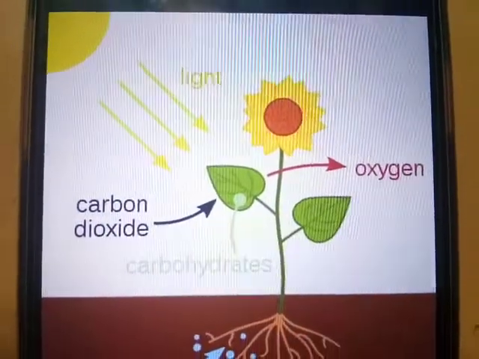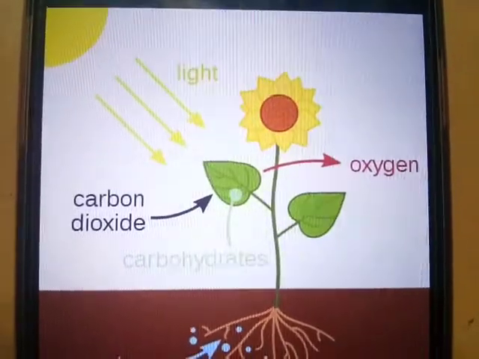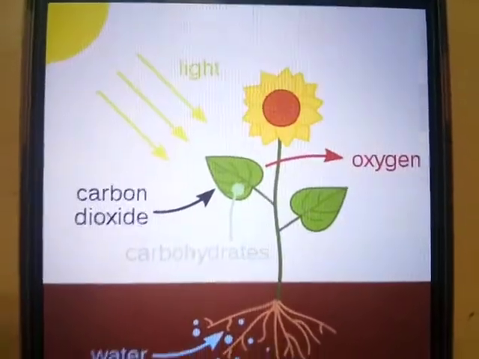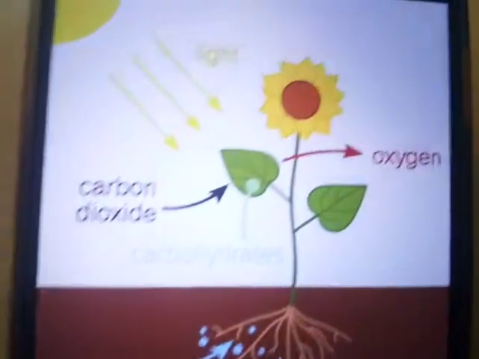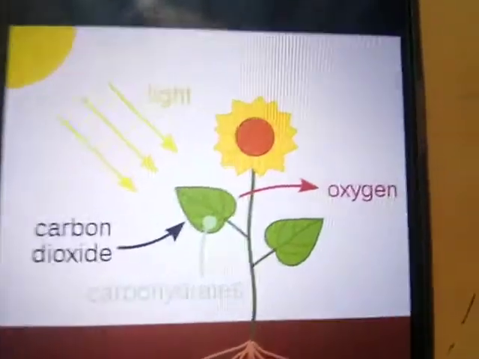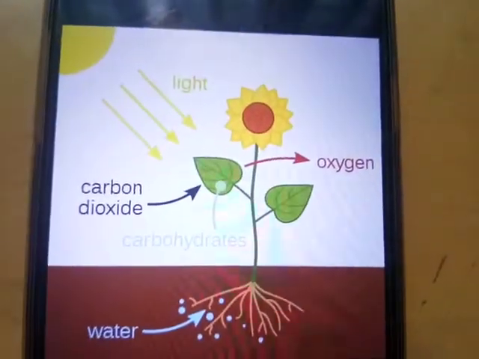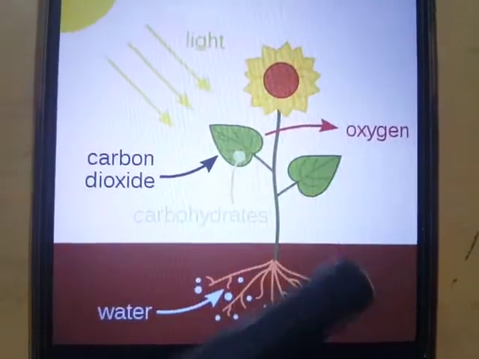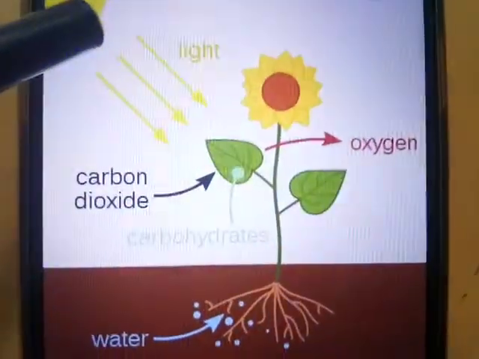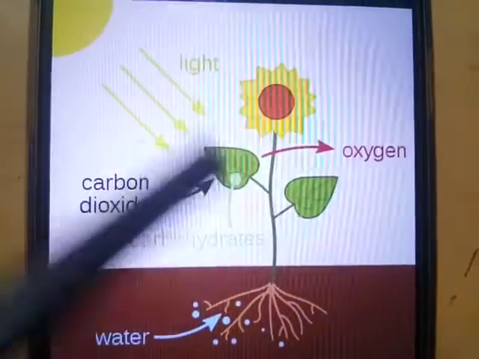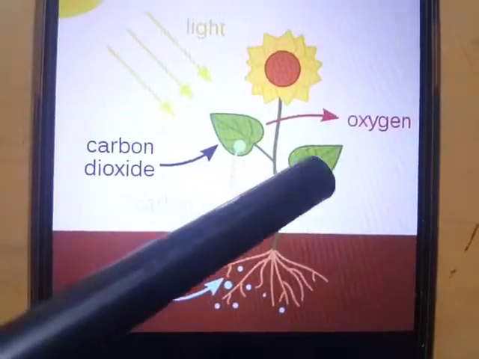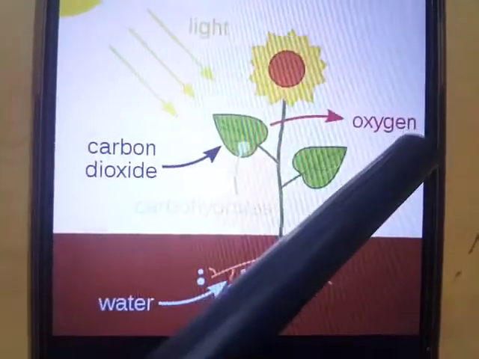As we have studied in our younger age, photosynthesis is the process where the green plants absorb carbon dioxide and water from the environment, and in the presence of sunlight the leaves prepare their food and release oxygen.